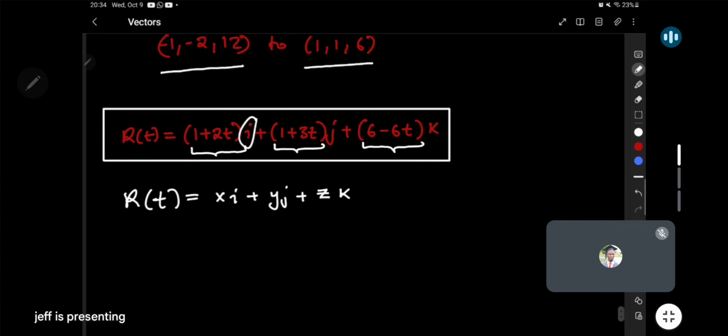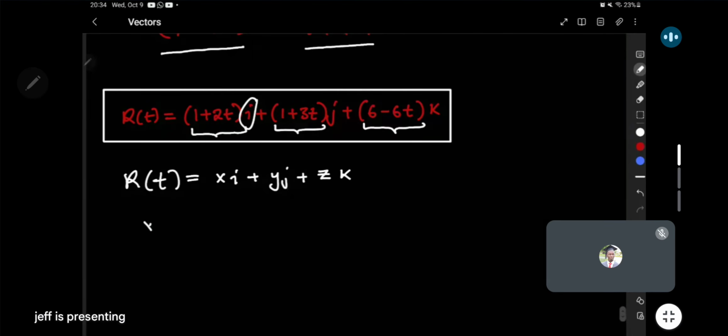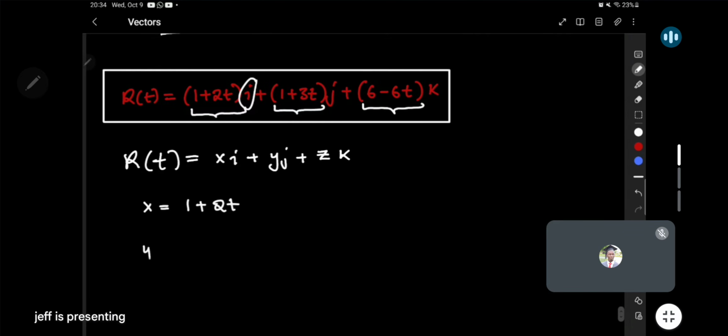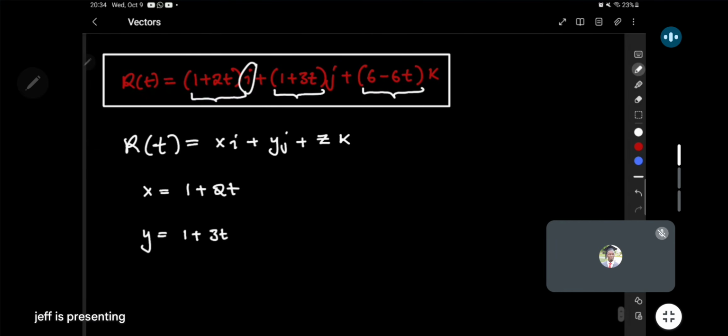So by this logic, the position in x can be represented by this parametric equation. The position on the y-axis is represented by 1 plus 3t, while the position in z is represented by 6 minus 6t.